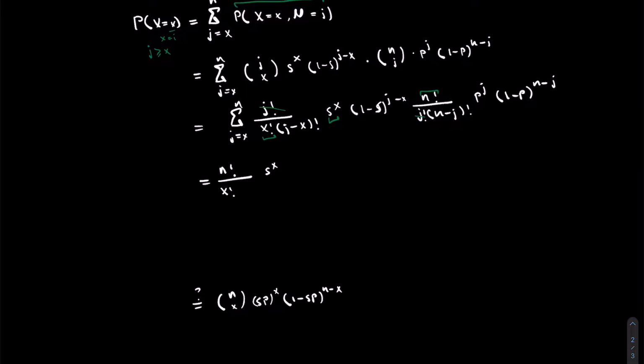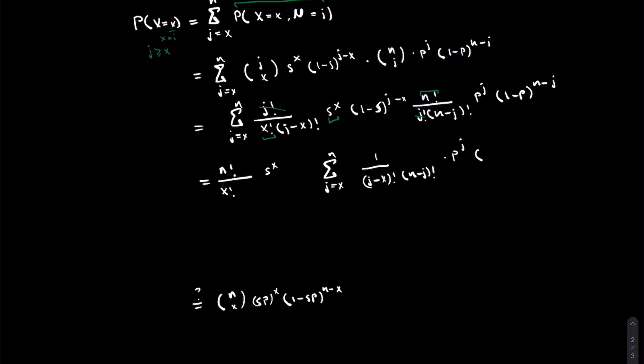So now there's just a bunch of housekeeping, making sure that we don't miss any terms. And then we have the sum. I need to write the sum over here, j from x to n. And what we have is 1 over j minus x factorial and the n minus j factorial. Okay, we have the probability p to the j.